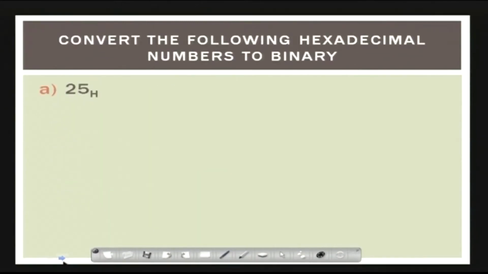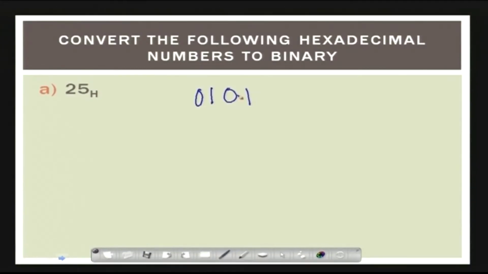So, let us take a number 25H and convert it into binary. See here, 5 in binary form is 1 0 1, but this is not a hexadecimal digit group, it is only a binary number. To make it a hexadecimal group, all I have to do is put a 0 here. Now, it is a 4-bit group. So, 5 can be represented as 0 1 0 1.